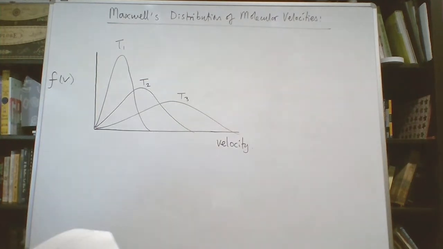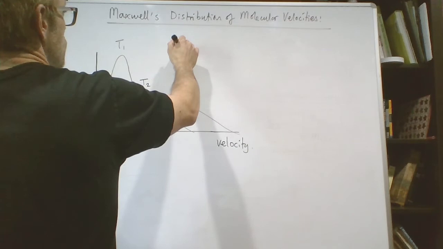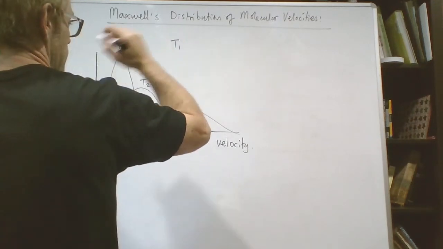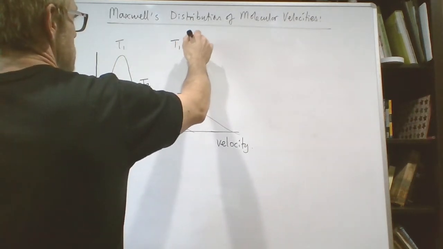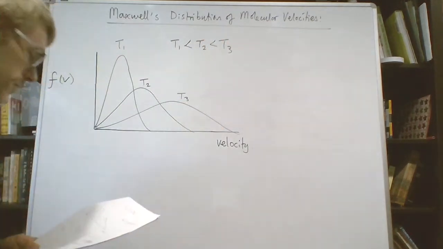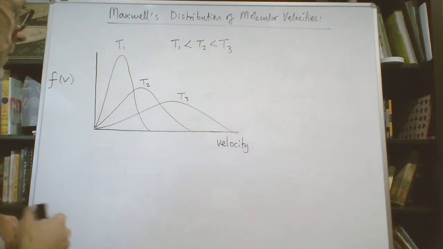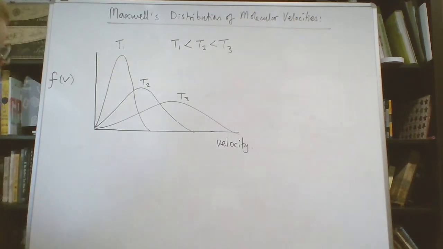And here I'm assuming that T1 is less than T2 is less than T3. Okay. Now, I don't know how good of a job I've done. In fact, I've done a pretty abysmal job with this diagram.